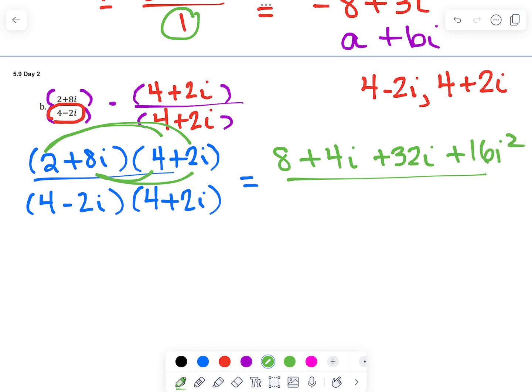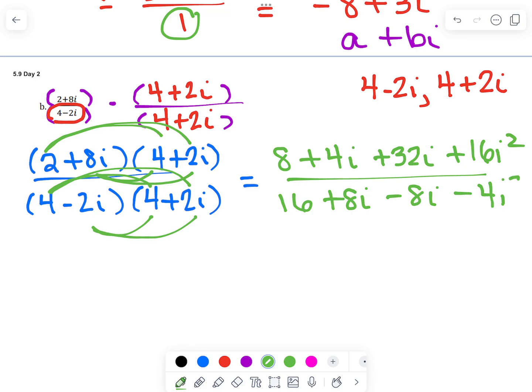Go to the denominator. Again, FOIL. First is 4 times 4 is 16. Outside, 4 times 2i is 8i. Inside, negative 2i times 4, negative 8i. And then negative 2i times 2i is negative 4i squared.